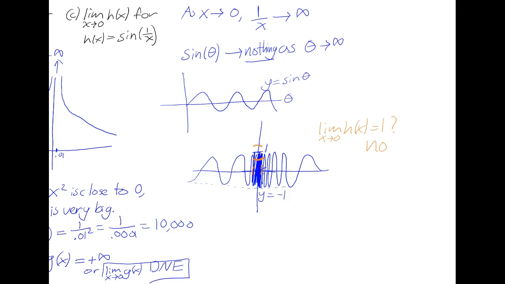So no, the h of x values are not always close to 1 when x is close to 0.